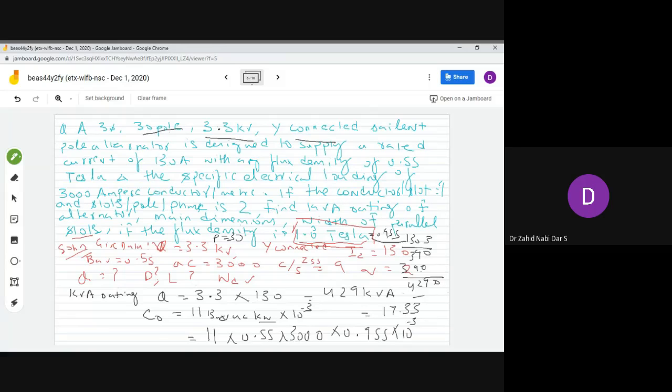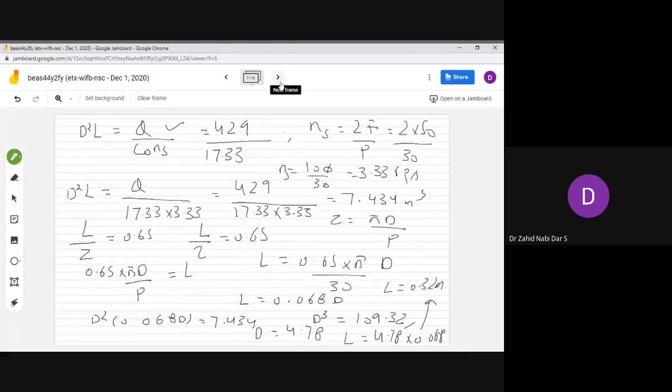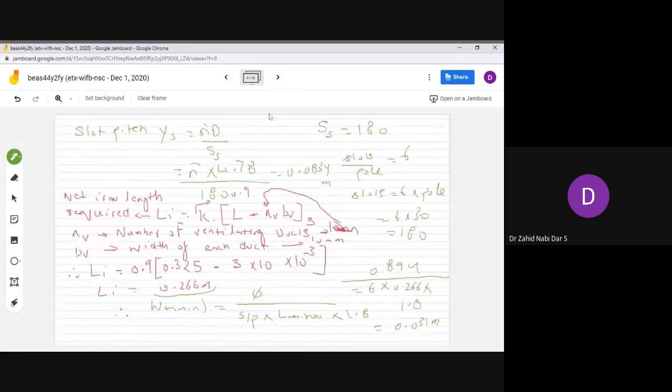So your width of the stator slot would be the slot pitch minus the minimum width that is required.